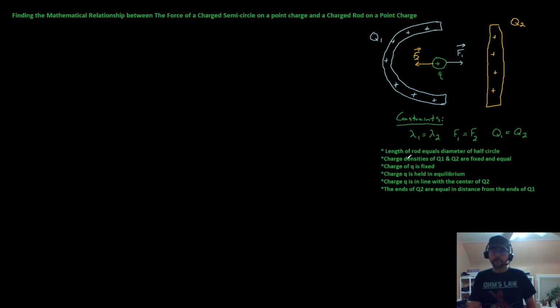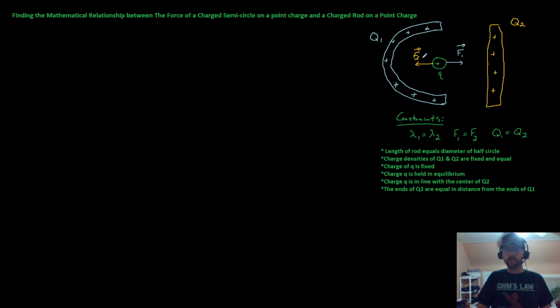rigorous. The length of this rod equals the diameter of the half circle, meaning it's the same length from end to end as what the circle would be, semicircle. The charge densities are fixed and equal. The charge of Q is fixed. The charge Q is held in equilibrium. That's actually really important.